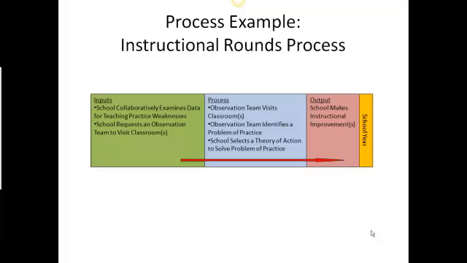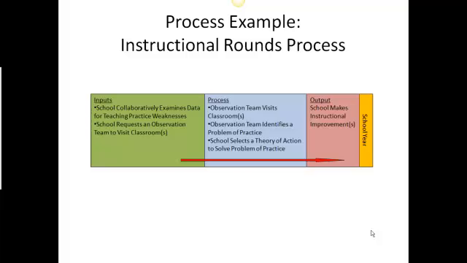The actual process is that an observation team would come in and visit a classroom or classrooms, and obviously the more classrooms that you visit, there's not going to be lots and lots, but there has to be a reasonable number so that the team would begin to be able to identify what's called a problem of teaching practice. And that's done in order for that to get given back to the school and for the school then to select a theory of action that will solve the problem of practice that exists.